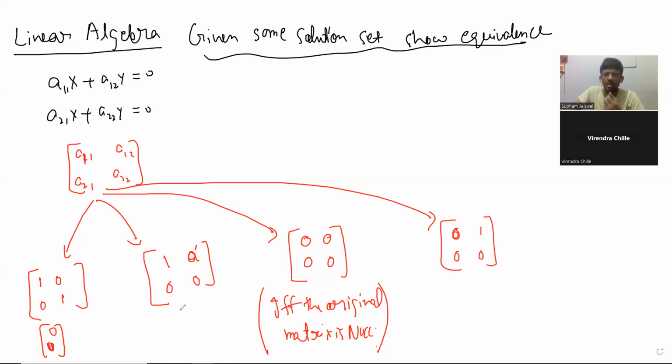So what will be the solution set of the second type? x equal to minus a, and y equal to, no, sorry. So y can be y, right? And x will be minus a prime y, correct?